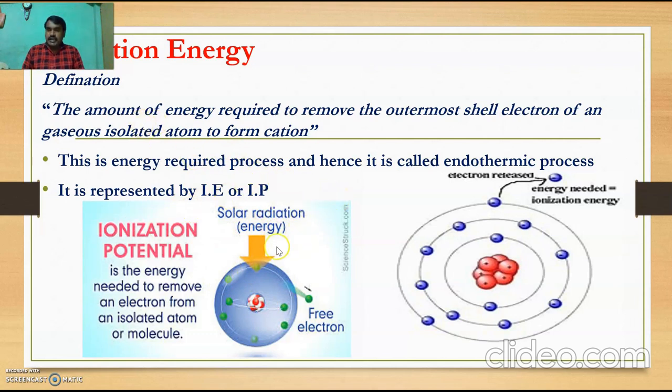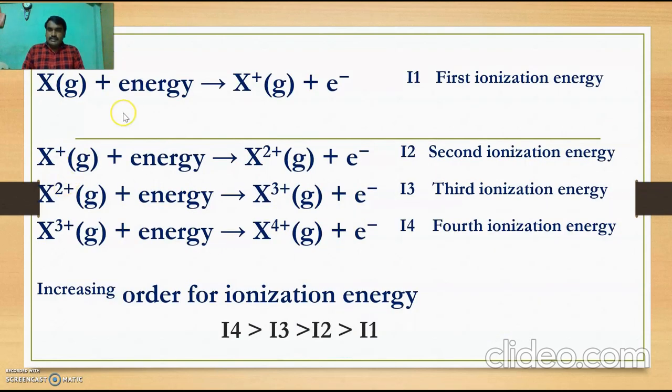So the amount of solar radiation or other radiation required to ionize or to remove the valence shell electron is called ionization energy. This is the general reaction: X in gaseous state plus an amount of energy gives cation plus a free electron, and this is called the first ionization energy.